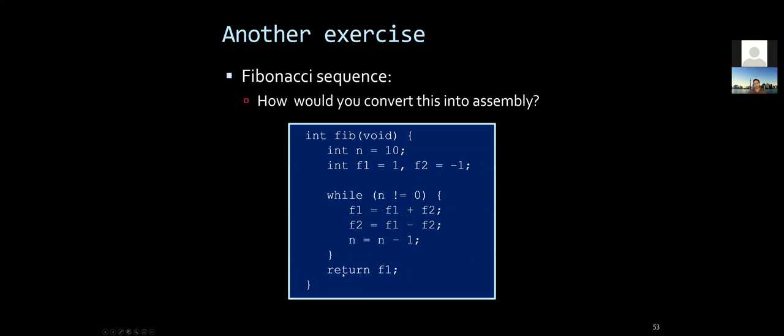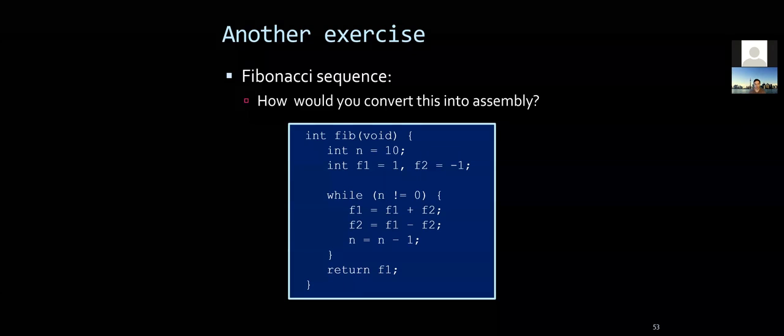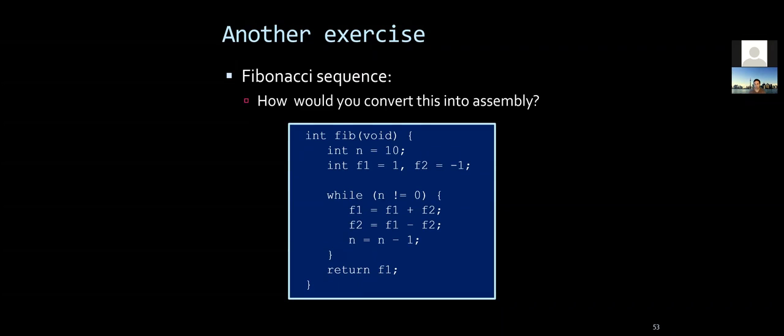So what I ask you to write is the corresponding assembly code. It's a few lines of code, but I will give you a few minutes to try so that you can do it yourself and see how different it is from what we have. Whoever is ready, send your response into the chat.